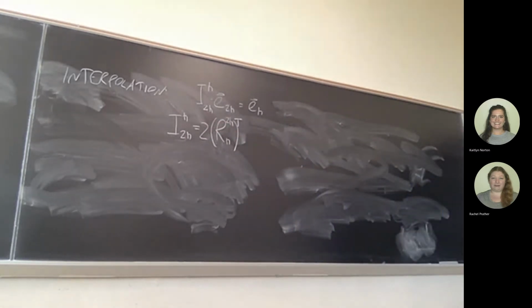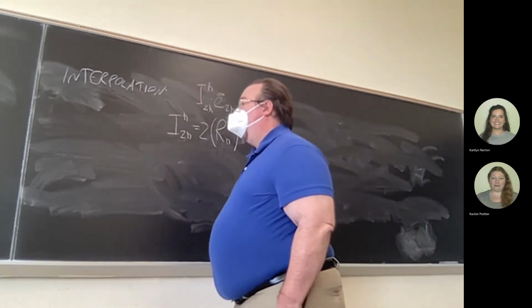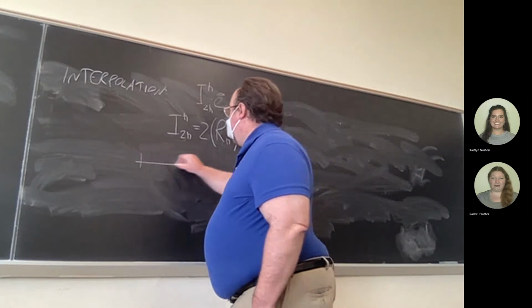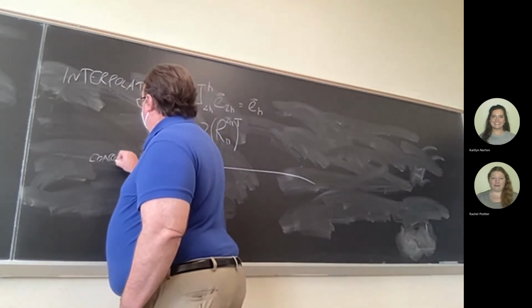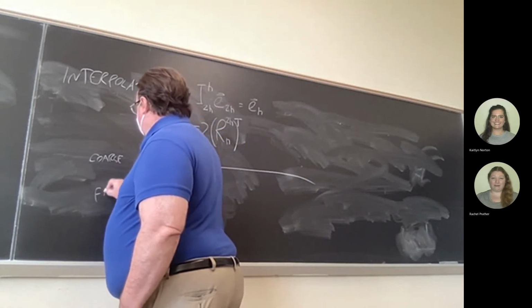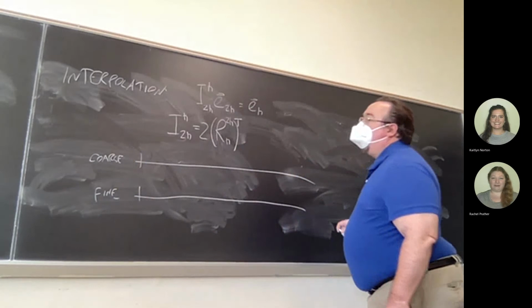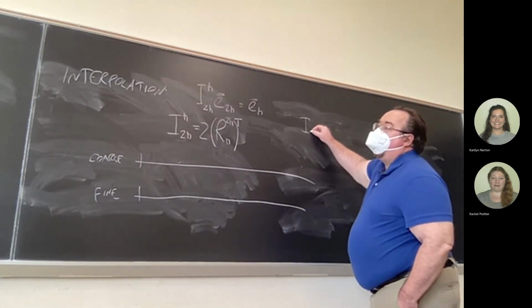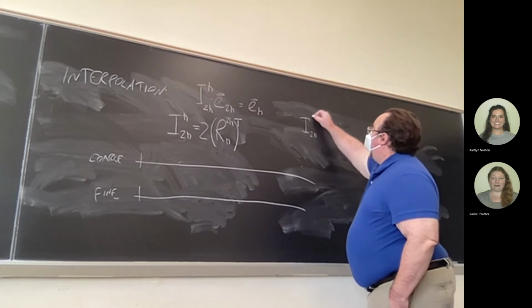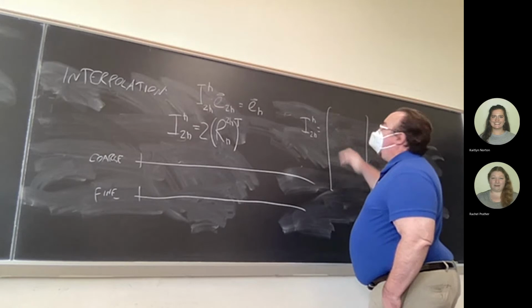Now, why does that actually work? So now we're on the coarse grid. Okay, and I'll need to write out at least the first few rows of this matrix. That's going to be tall and skinny.